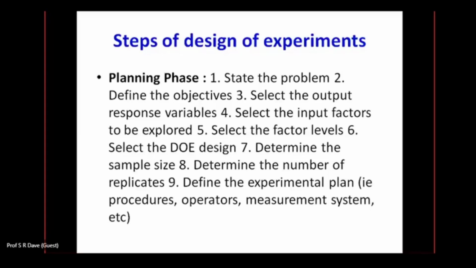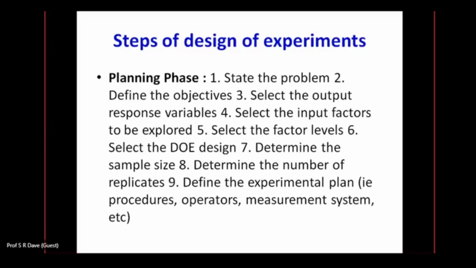And then you have to go for the design of experiment. You have to see what response you want, what type of factors you want to study, what your problem is, and what your objective is. On the basis of this, we have to think about the design.